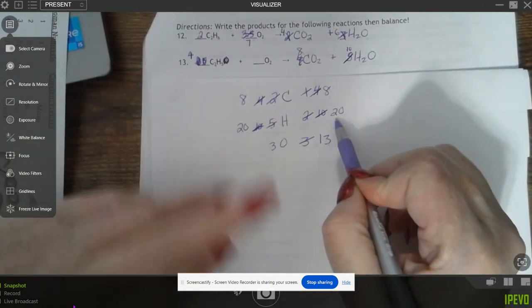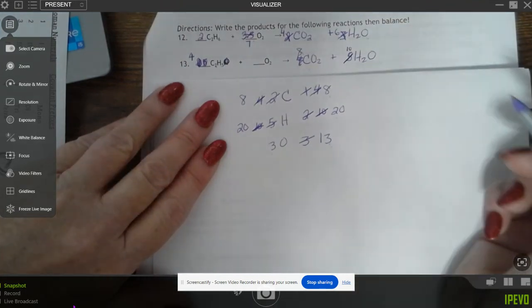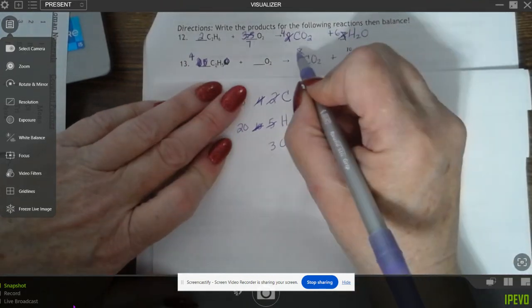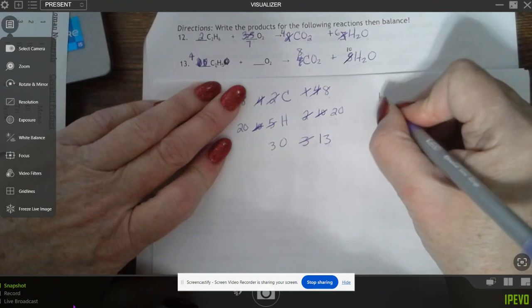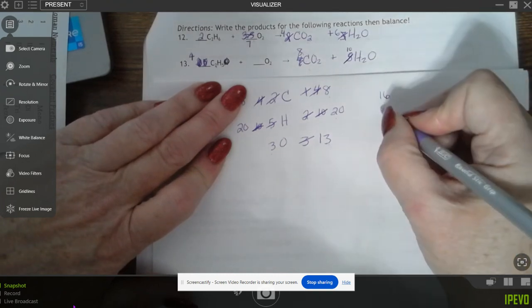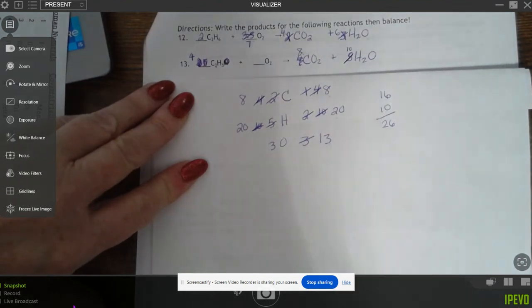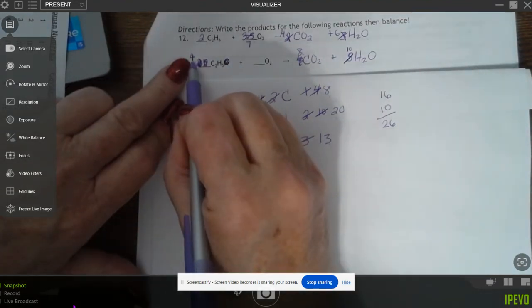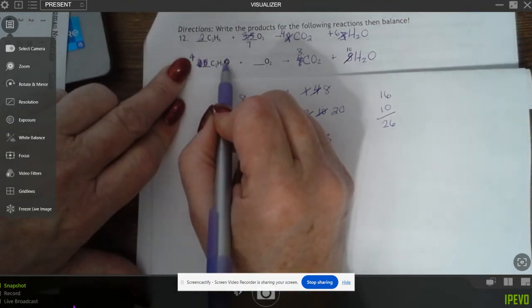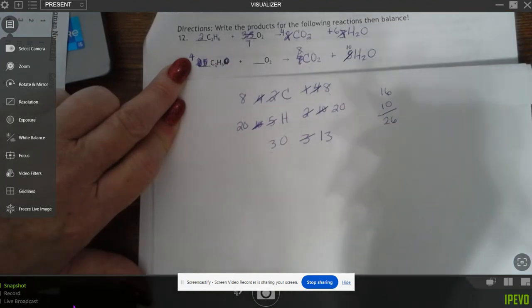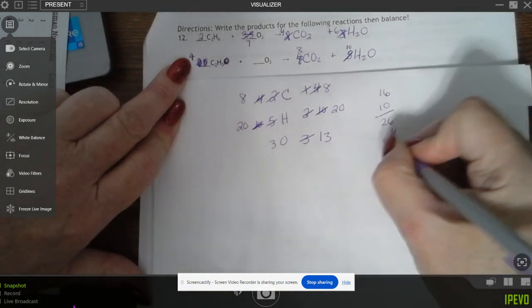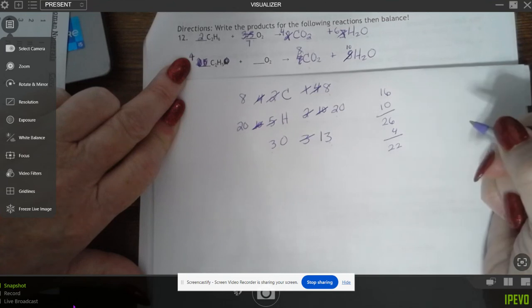Okay, so let's say a prayer and hope that our oxygen can be balanced. So we have 8 times 2 is 16 plus 10 is 26 oxygen. Remember here I have 4 oxygen. So if I take 26 minus 4, that's 22.